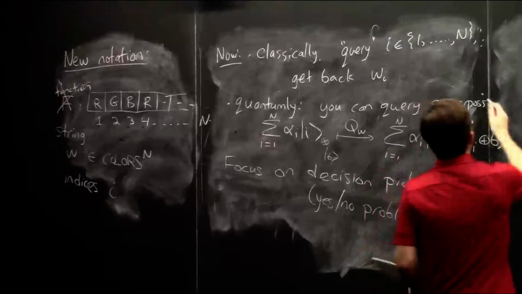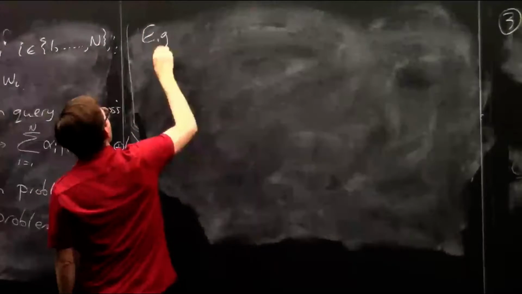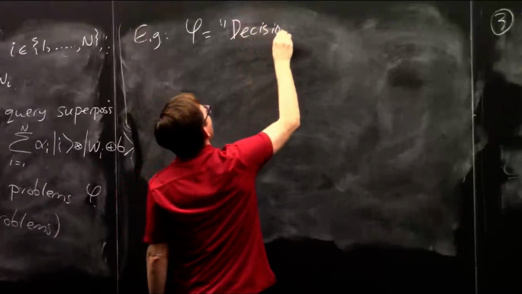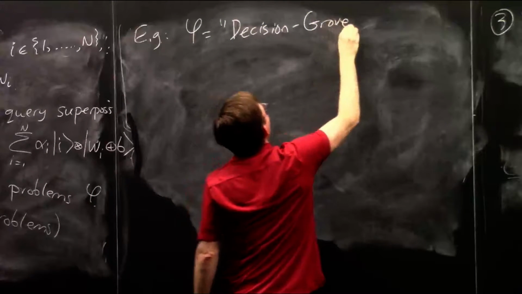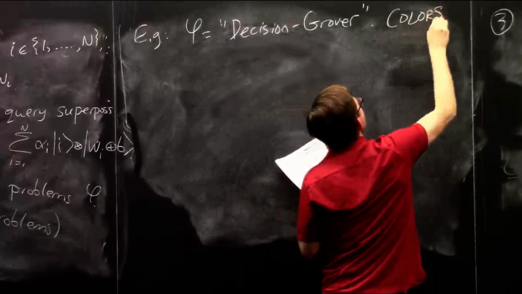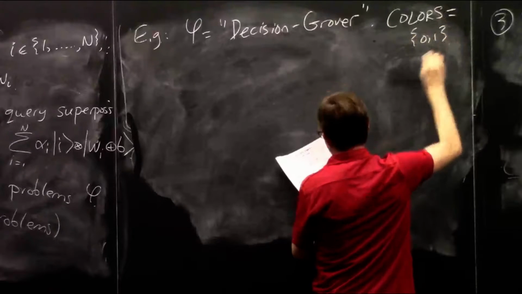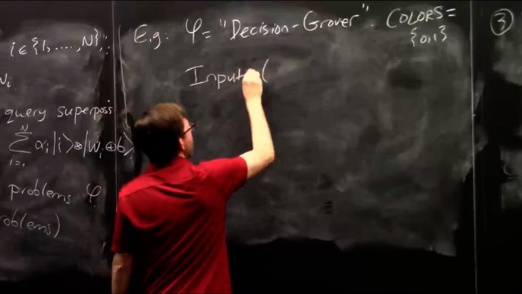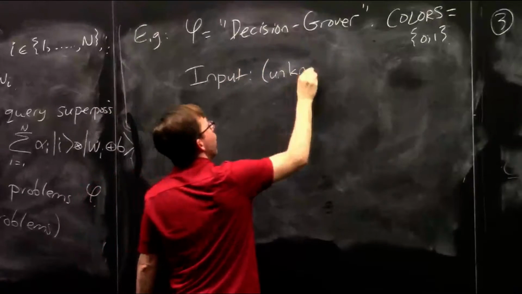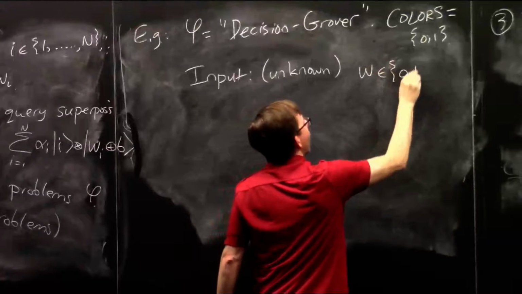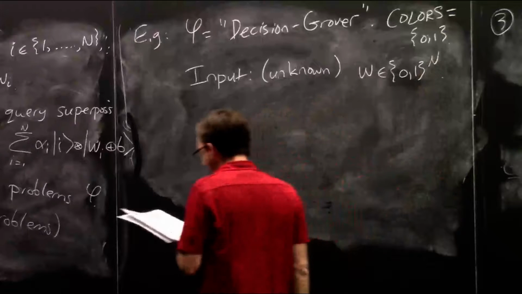Specifically, now, just with this setup, so we're all on the same page, I'll give you some examples. In particular, phi is the decision version of Grover. Here, this quote-unquote color set is just bits. And the input now is some string or word, w, of capital N bits, unknown to you.